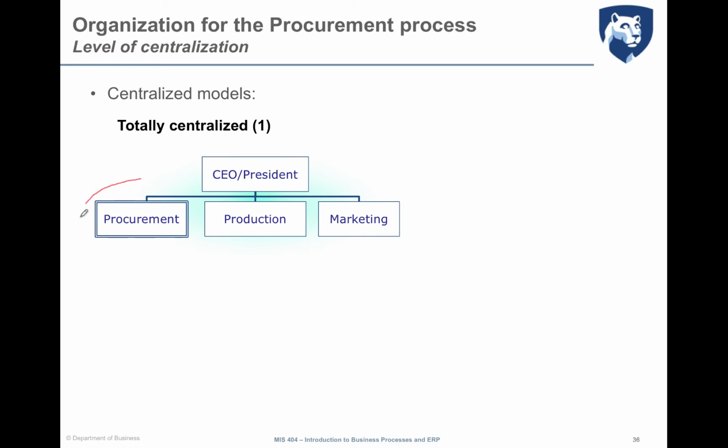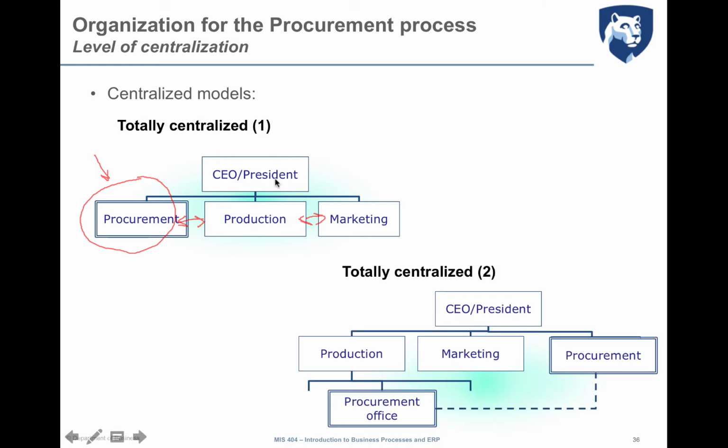This is the most common option when we talk about centralization. There is a central procurement office at the first level of the organizational chart, with the same treatment as production and marketing, which are other functions, other departments at the first level. This is quite different, as you see here, from the totally centralized example number 2, which is common in very big and international companies.